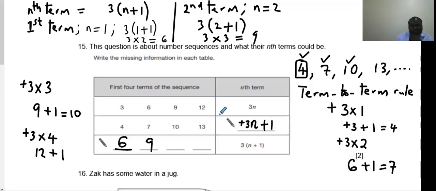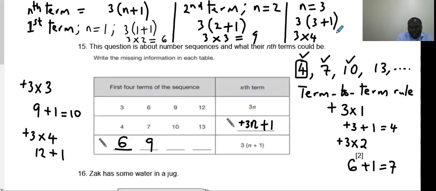All right, now we know the process. First term, n is 1. Second term, n is 2. What do you guess? Third term will be n equal to what? So for the third term, n will be 3. So in that case, the third term will be 3 times 3 plus 1. 3 plus 1 is 4.